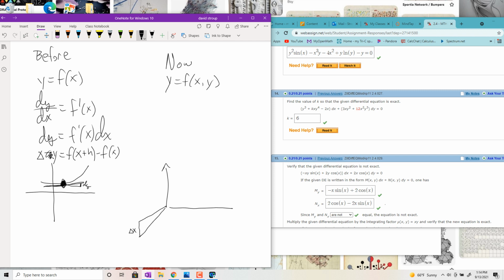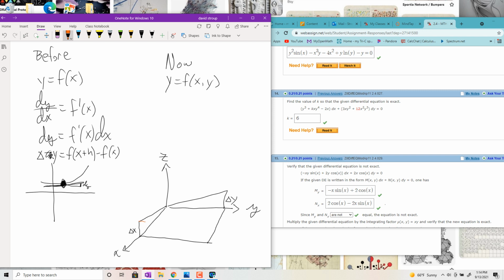And this is a 3-dimensional picture that I'm drawing. This is the x-axis, this is the y-axis, and this is the z-axis. There'll be a bit of change in the x direction, and some bit of change in the y direction. And it's those 2 pieces of change which result in the change in the z direction. Okay, so it's a sum.